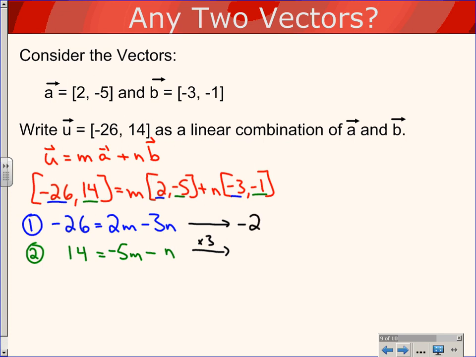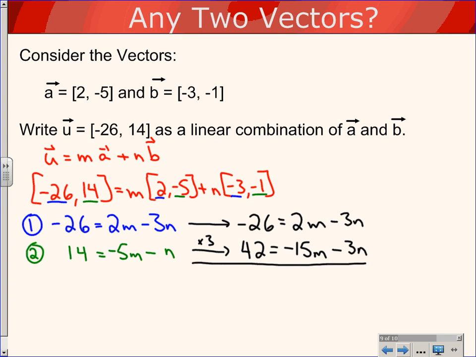So this is still -26 equals 2m minus 3n. It's the bottom one that changes. 14 times 3 is 42, equals -15m minus 3n. So we've managed to get the coefficients in front of the n's the same. And so in order to eliminate them, I need to subtract.